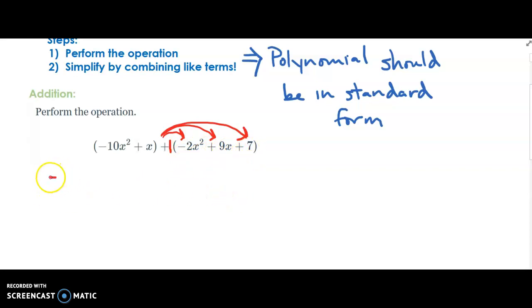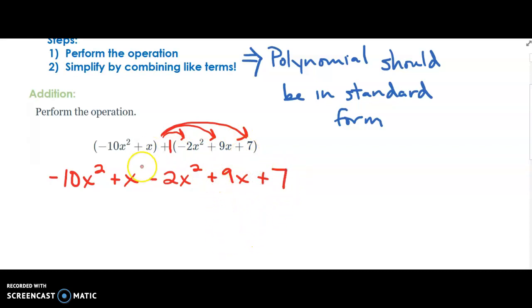Well, when we do that, we're left with our first polynomial, negative 10x squared plus x, plus 1 times negative 2x squared. Well, that's still going to give me negative 2x squared. Plus 1 times 9x is plus 9x. Plus 1 times positive 7 is plus 7.